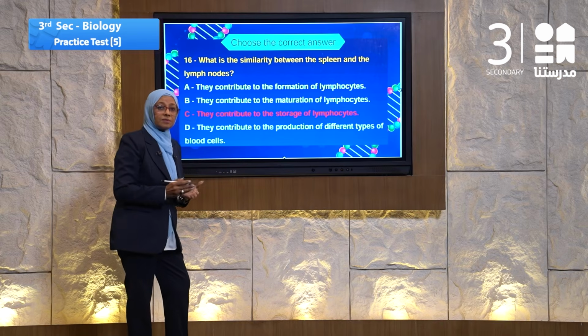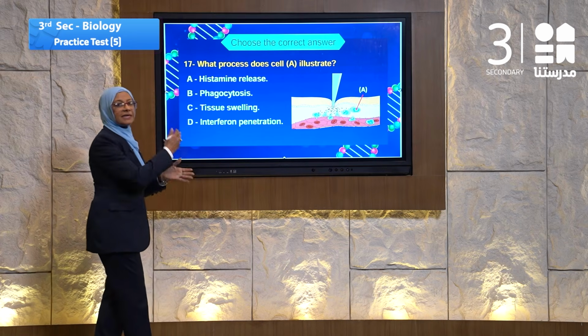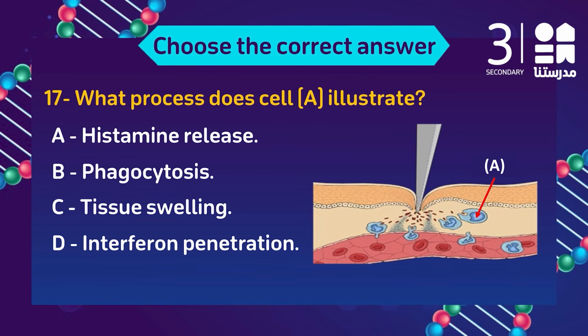Let's go to question number 17. It speaks about immunity again. What process does cell A illustrate? Cell A here maybe has a secretion. What will it do?